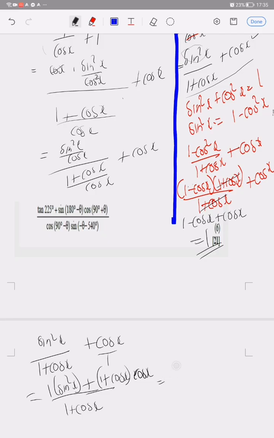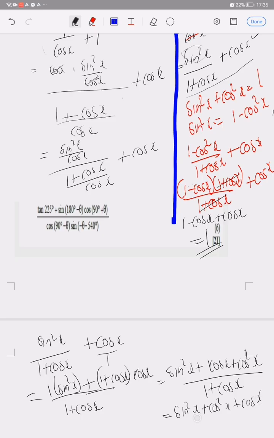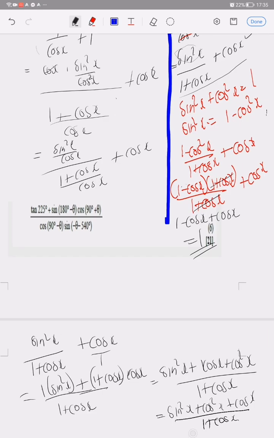So when I simplify, I just get sine squared x plus cos x plus cos squared x over 1 plus cos x, right? So what do we do? Remember, I'll have sine squared x plus cos squared x plus the cos x is equal to 1 plus cos x, right? Therefore, what do I get?